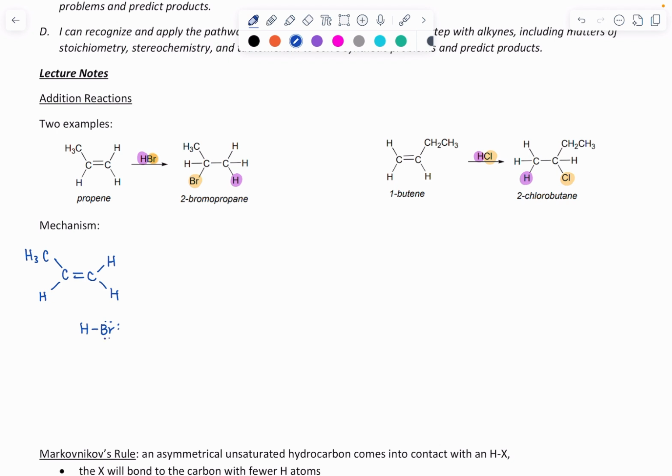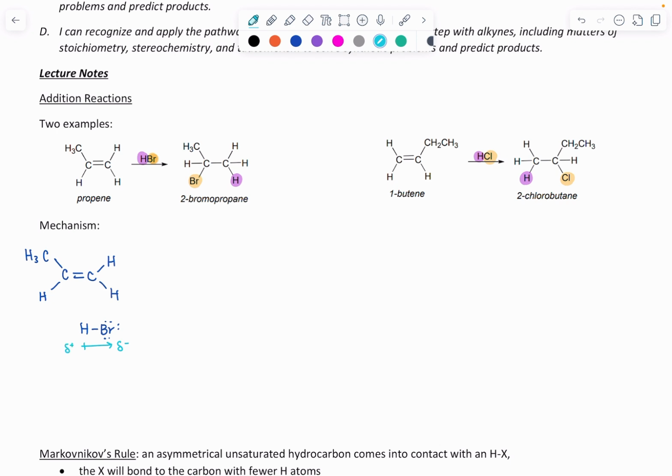Okay. Now remember that HBr is a really strong acid. We can draw the polar bond or the polarity arrow, this dipole arrow, showing partial positive near hydrogen, partial negative near bromine.